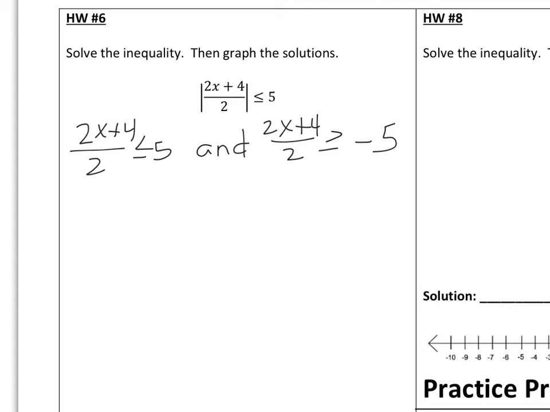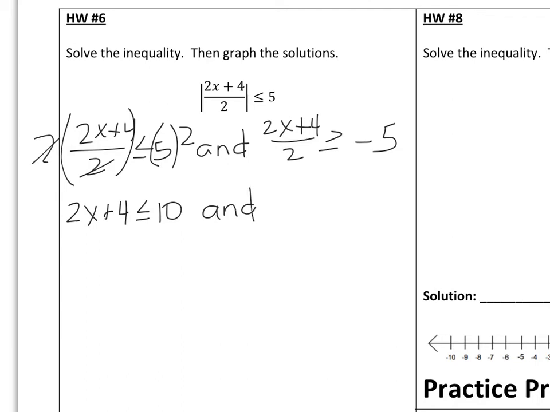The reason I'm showing you this one, I want you to remember how to get rid of this fraction. Remember, we can always multiply by the denominator. So I'm multiplying both sides by 2, and that'll get rid of my fraction. So that'll cancel these 2's on the left. 2x plus 4 is less than or equal to 10.